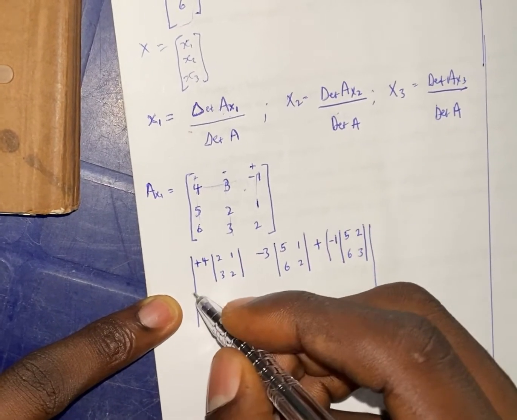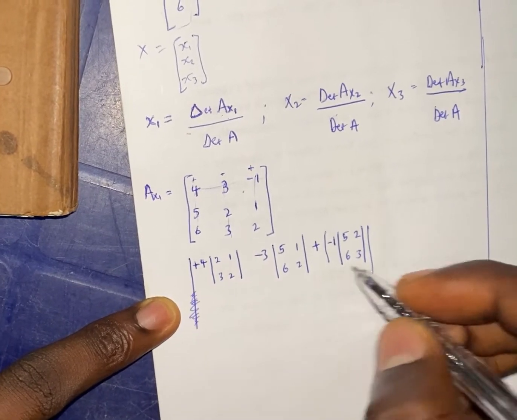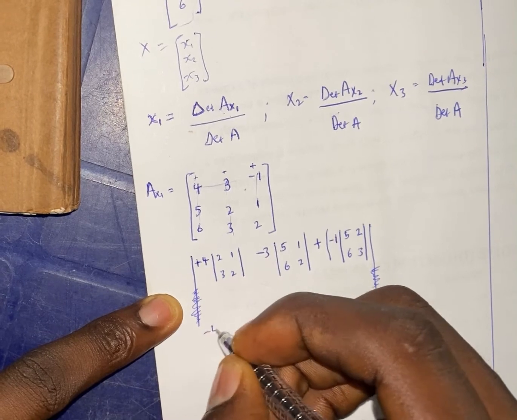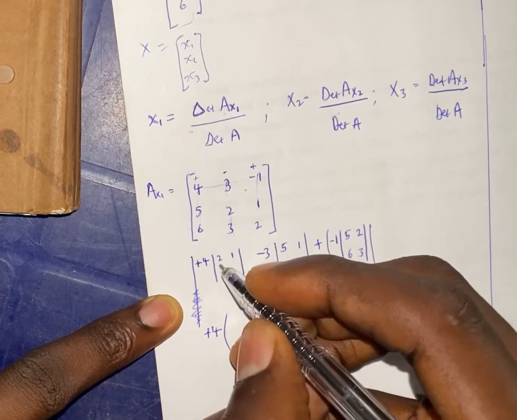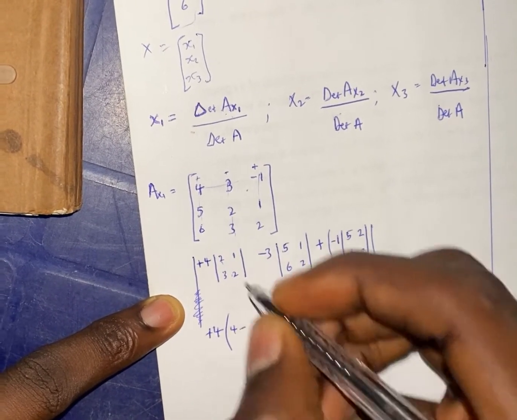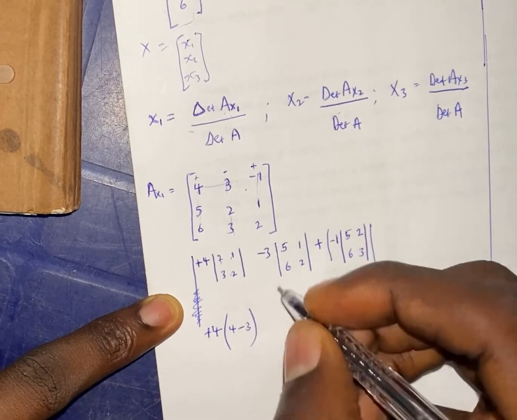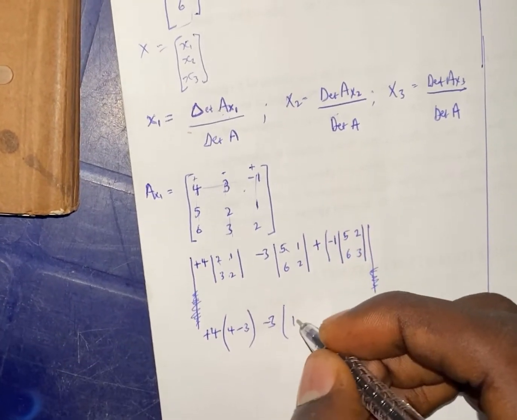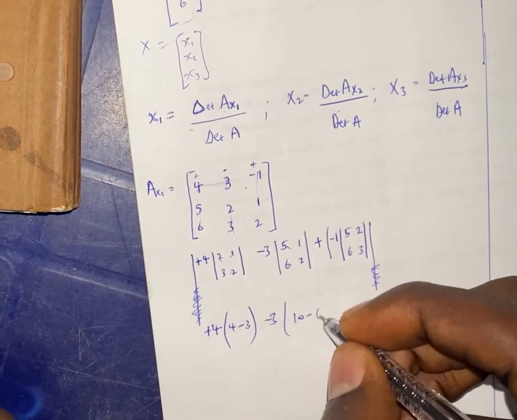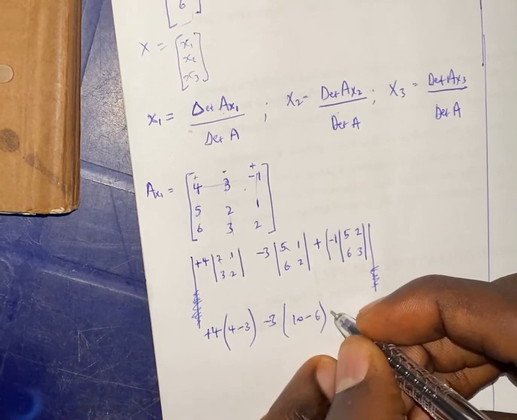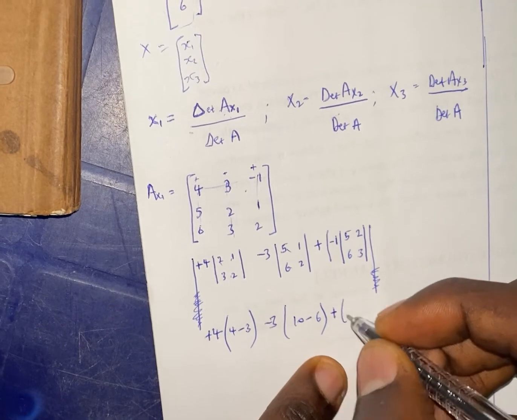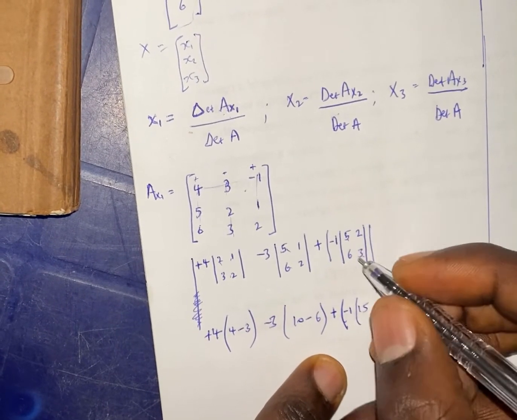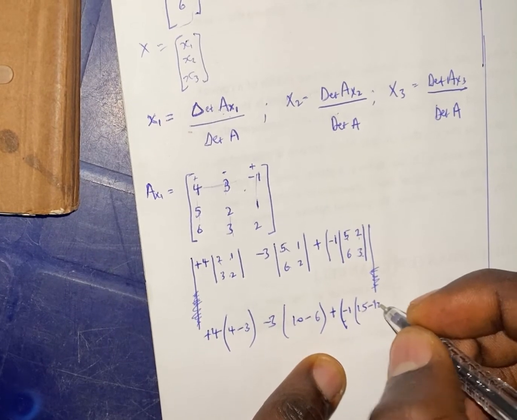Now let's proceed. So we have plus 4 of 2 times 2, that's 4, minus 3 times 1, that's 3, minus 3 of 5 times 2, 10, minus 6 times 1, 6, plus minus 1 of 5 times 3, 15, minus 6 times 2, that's 12.